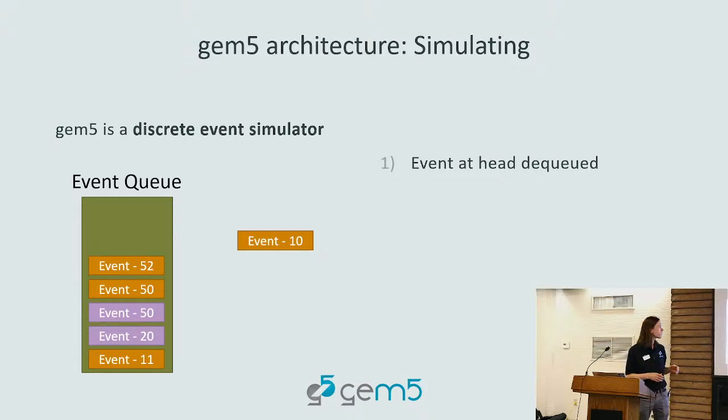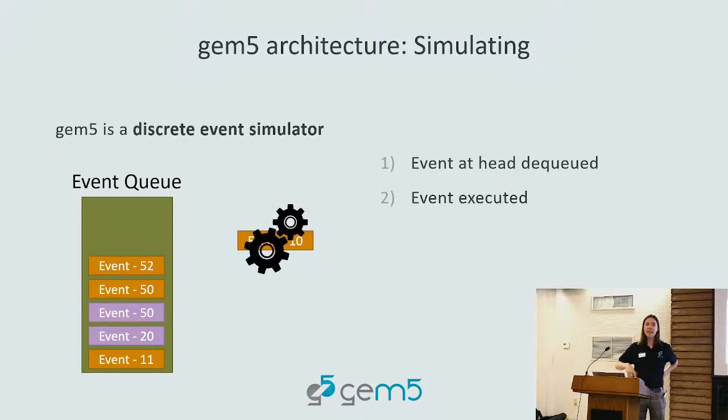For instance, here we're about to execute an event at time 10. gem5 runs in a loop: it grabs the youngest event from the sorted list and executes that event, which is calling some function.